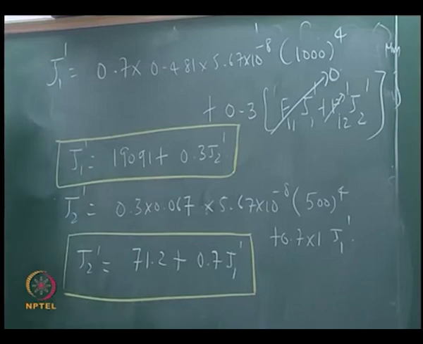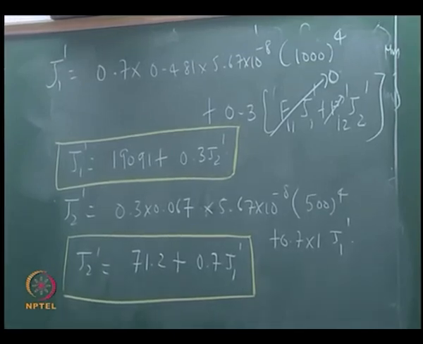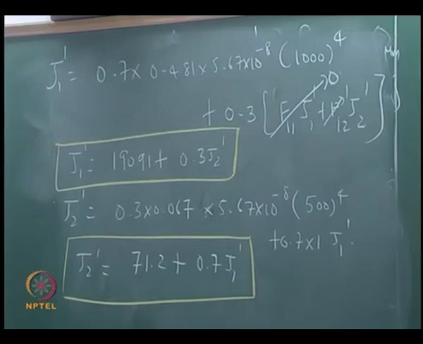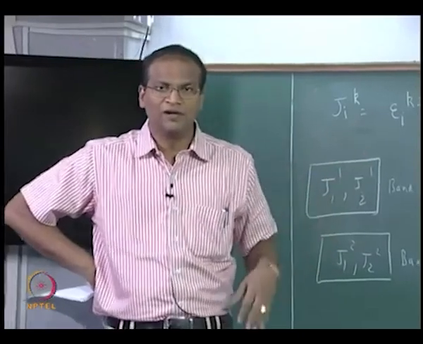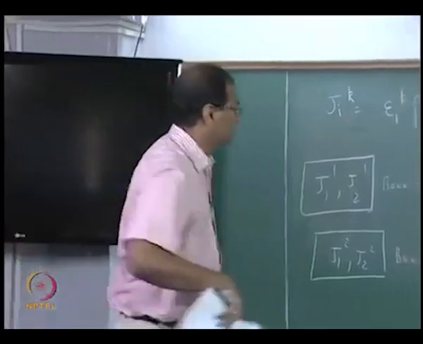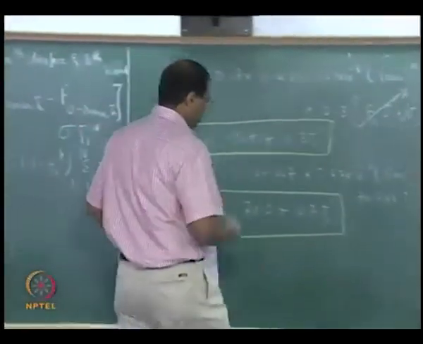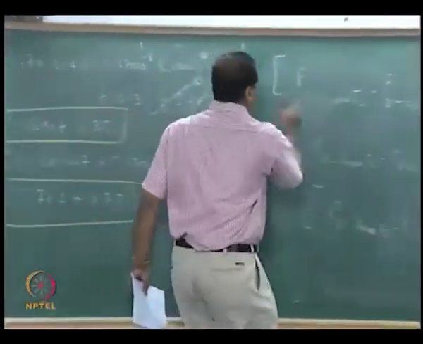That 0.3 into 0.06 and everything is fine. I did it last night, so I have not checked it again. It could be wrong. Is it fine? Both are fine. Solve for J1 J2. Solve for J1 J2 of band 1.